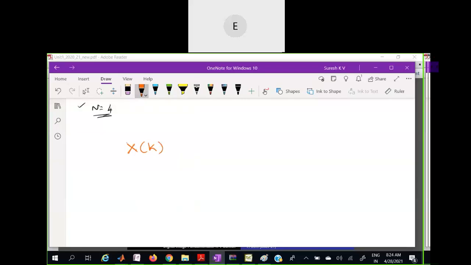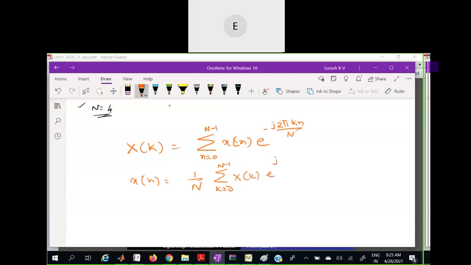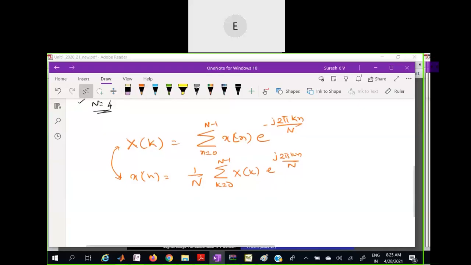X of k is summation x of n e to the power of minus j 2 pi k n by capital N. And x of n is 1 over N summation, k is 0 to N minus 1, X of k e to the power of plus j 2 pi k n by N. So this is the DFT pair which you have already done in 5th semester.